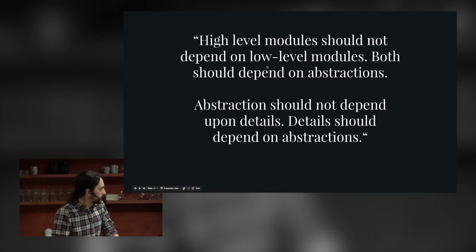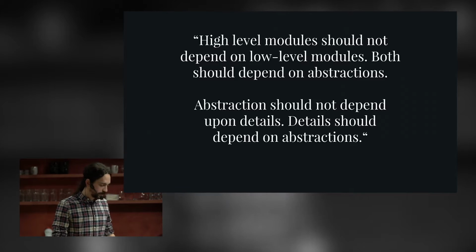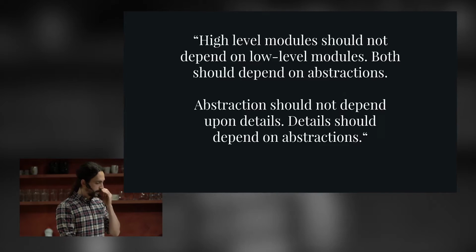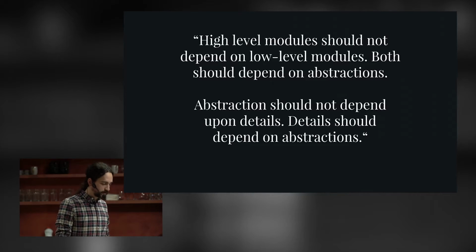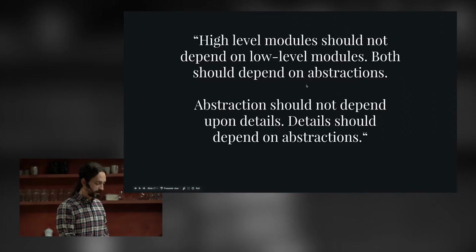Okay, this is our last principle, which is dependency inversion. And again, this has a very generic definition. High-level modules should not depend on low-level modules, but should depend on abstractions. And abstractions should not depend on details. Details should depend on abstractions.